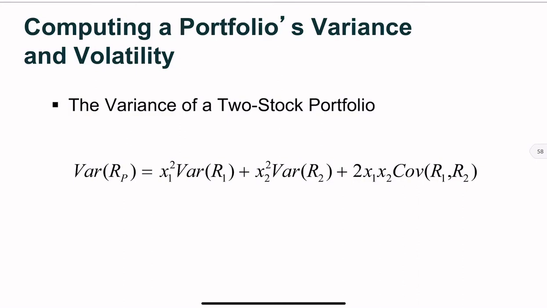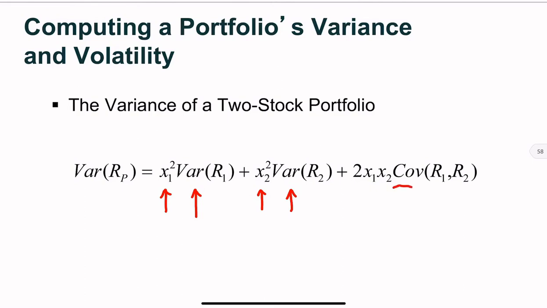The variance of this portfolio equals X1 squared times the variance of the first stock's return, plus X2 squared times the variance of the second stock's return, plus 2 times X1 times X2 times the covariance between R1 and R2.